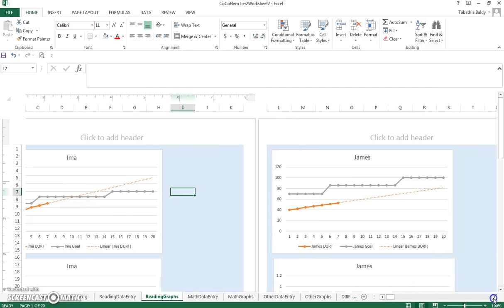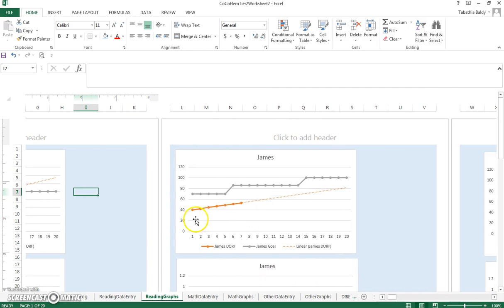If we look at James's data, while it shows that he is making progress, and his trend line predicts that if he continues at the rate that he's been making progress, he will get a little bit closer to his peers.